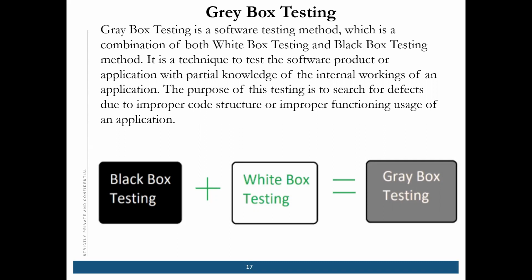So that is the reason it is called gray box testing. Okay, so there are three methods, as I told you: white box, black box, and gray box. Okay. Any confusion in all these methods?